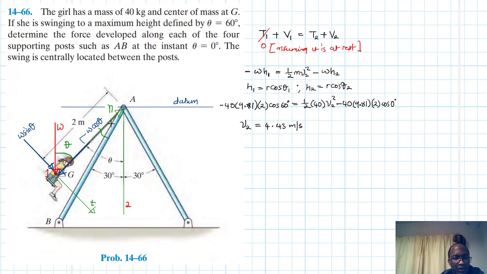We're going to have some tension force like so. Let's call that T. We need that for us to find the forces in this particular post. For the equation of motion, the motion in this particular case is in this direction.